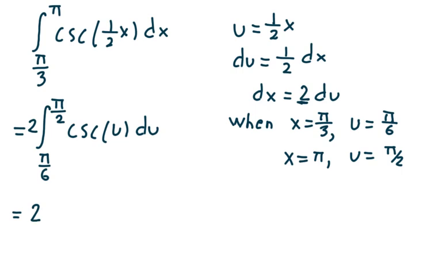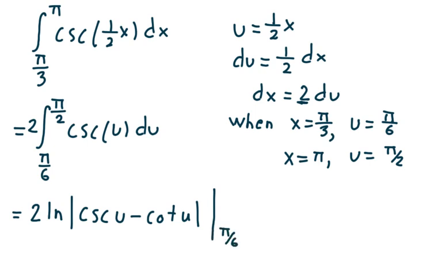And so this is 2 natural log of the absolute value of cosecant of u minus cotangent of u, evaluated from pi over 6 up to pi over 2. Now, let's plug in our info.